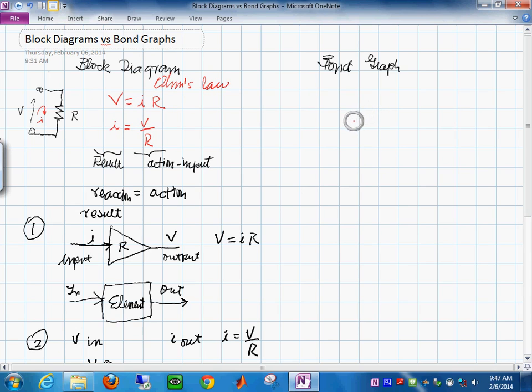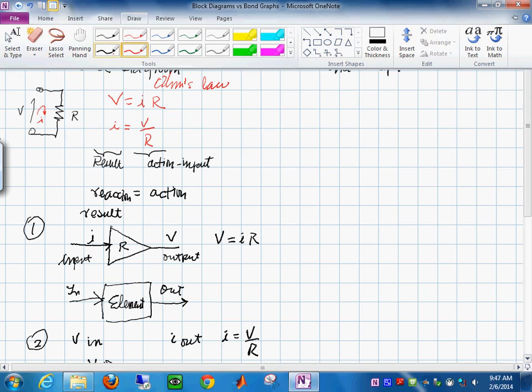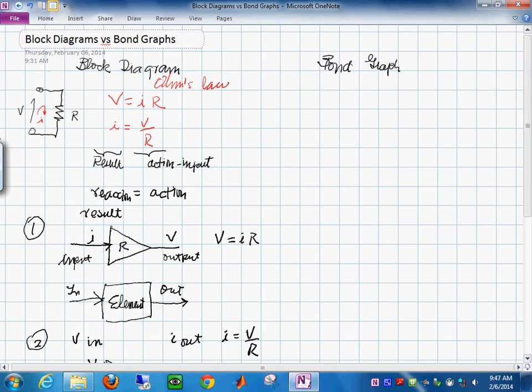This is another way of writing the same information. But in this case, let's draw a line in here. On one side we have, let's say, the input, in this case it was I, right? On this side.